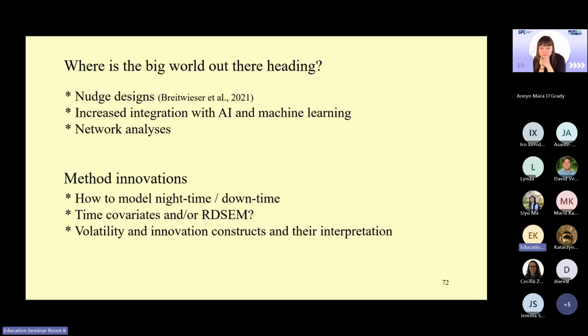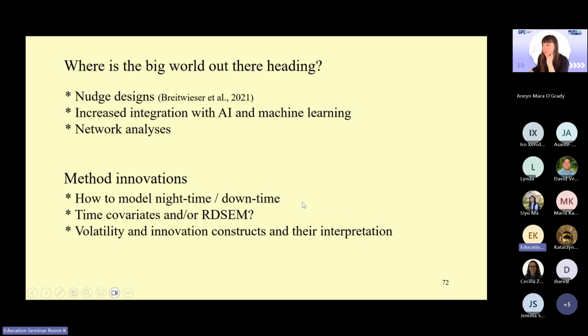I mentioned the integration with artificial intelligence and machine learning for analyzing data like this. This is something I haven't tried myself, to let the machine touch my data, but others do. And the big world is also looking at something called network analysis, which I also haven't dwelled that much into. Method innovations include how to model nighttime and downtime.